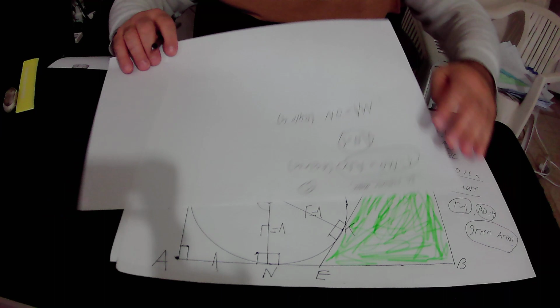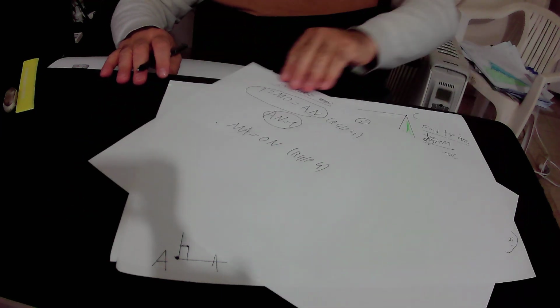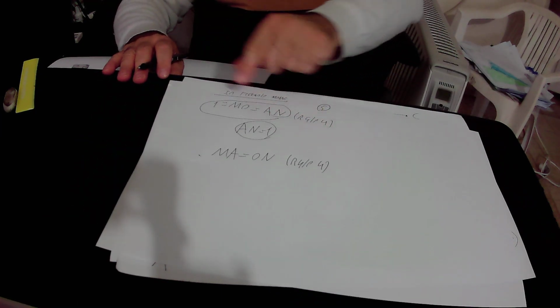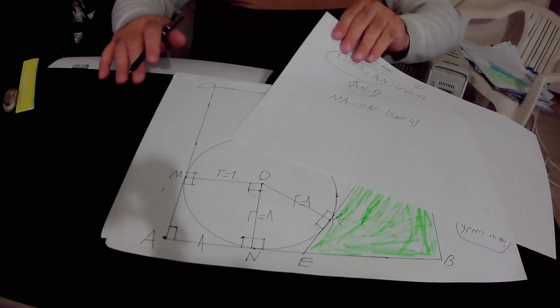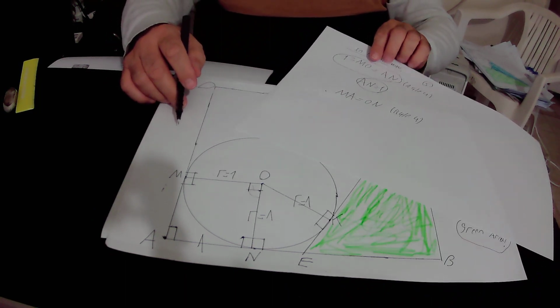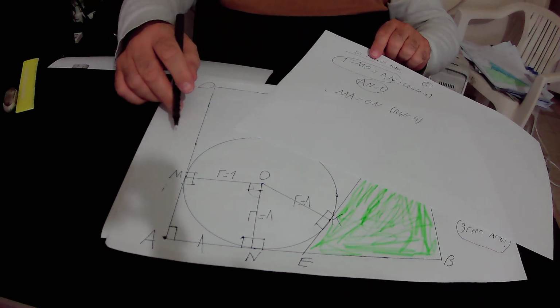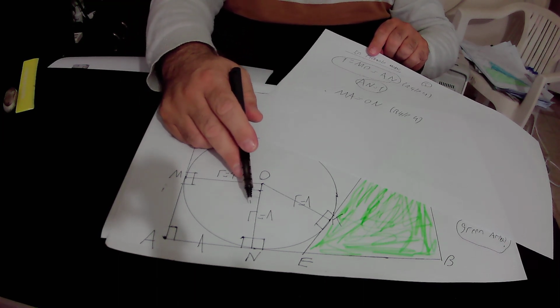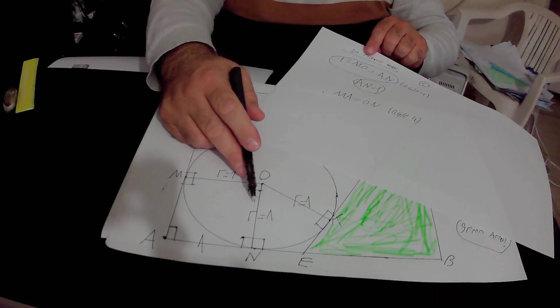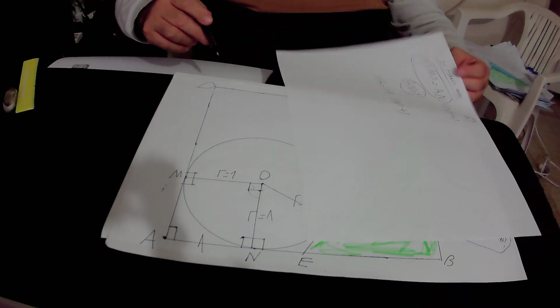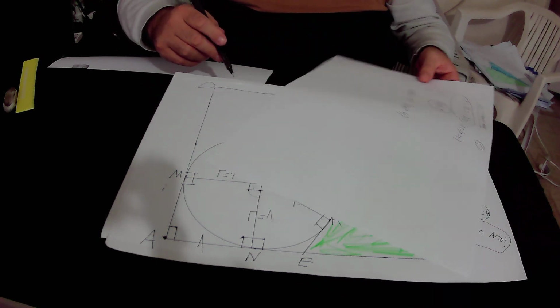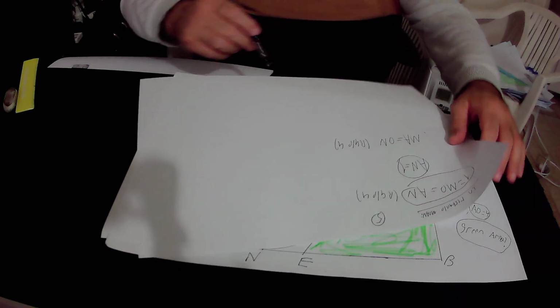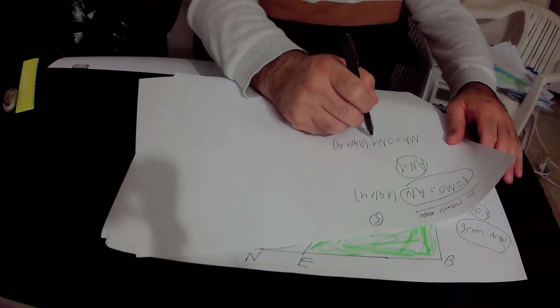But we already know that ON equals 1 unit. It is the radius of this circle. So we can write here that ON equals 1 unit.